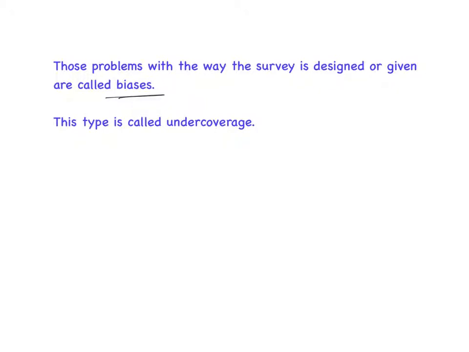And the bias occurs by design. So this particular type that we just talked about was undercoverage, and there are a few others we're going to talk about. Voluntary response is also one. Voluntary response sample, where people just volunteer to take part, causes voluntary response bias.